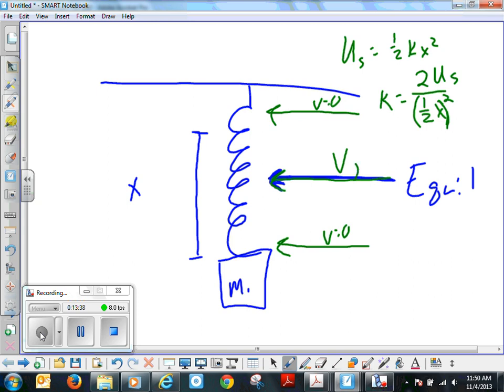This one, right? Because it has the biggest velocity. Here there'd be no kinetic energy. Here there'd be no kinetic energy. Which has the biggest potential energy? Without going too far into this, we would say this would have the biggest potential, and at equilibrium there'd be no potential.